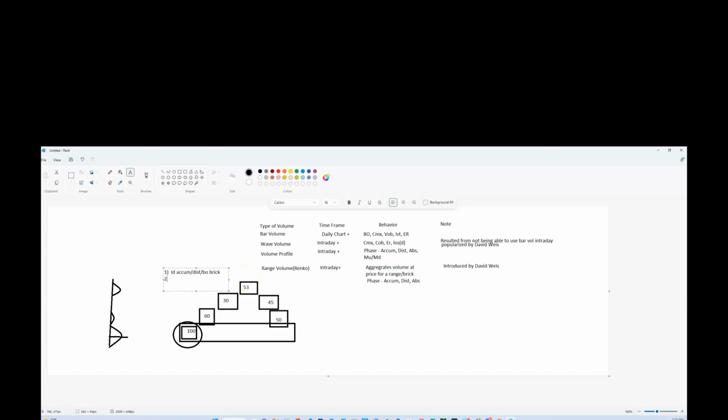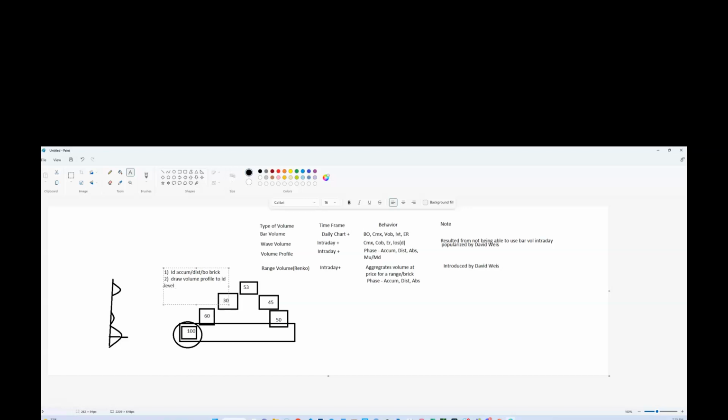All right. Step 2 is what? Step 2 is the volume profile. Draw volume profile, not in, but across the area. So you draw the volume profile to ID level.